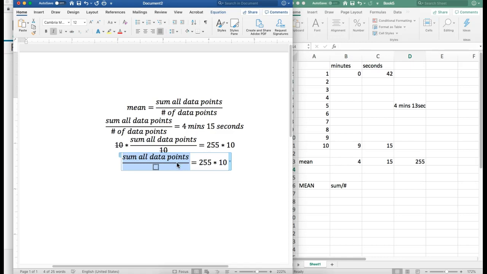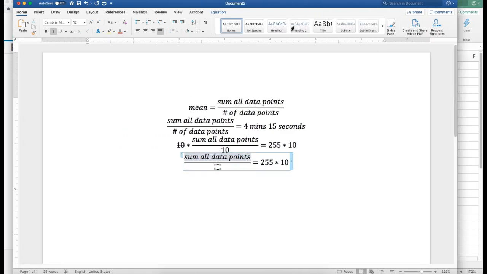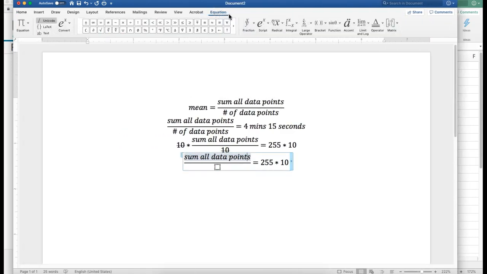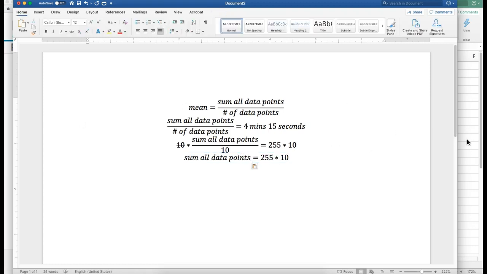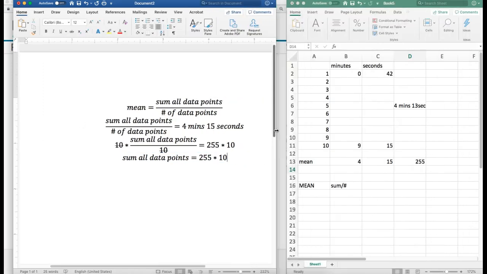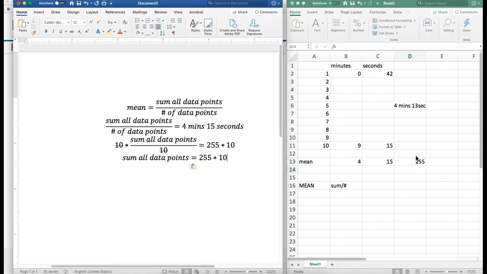I'm going to go to my equation editor and copy just the top, Control X to delete it, and then Control V to put it back in so that it's outside of the fraction.